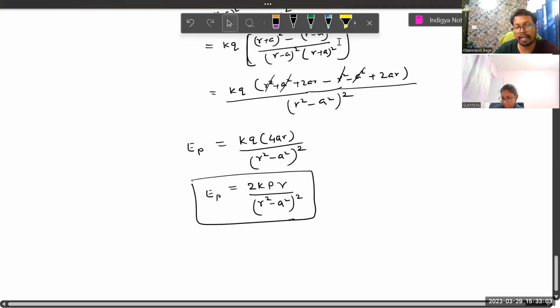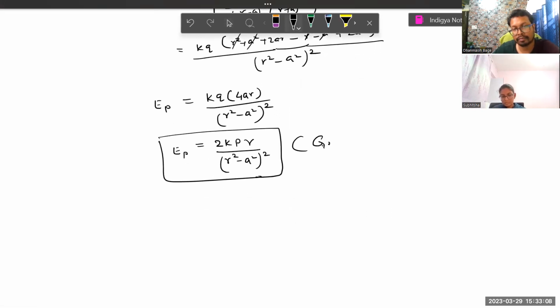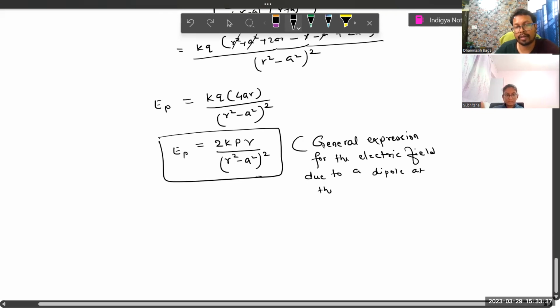General electric field at any axial point. General expression for the electric field due to our dipole at the axial point.